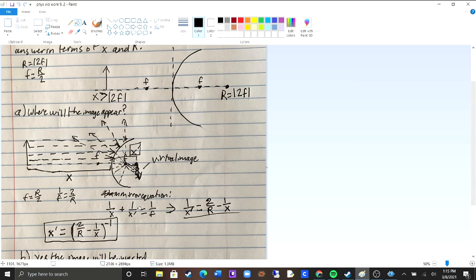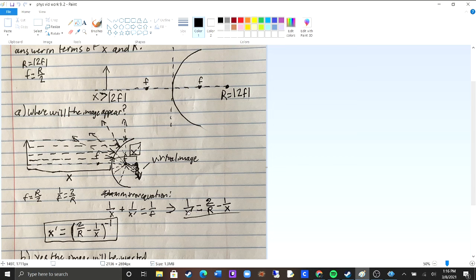So the mirror equation says, and I replaced s with x, because that's what this problem uses, that 1 over the distance between the object and the mirror plus 1 over the distance between the mirror and the image of the object equals 1 over the focal length of the mirror.